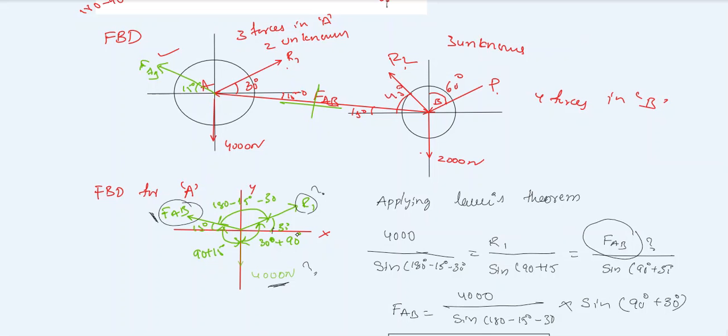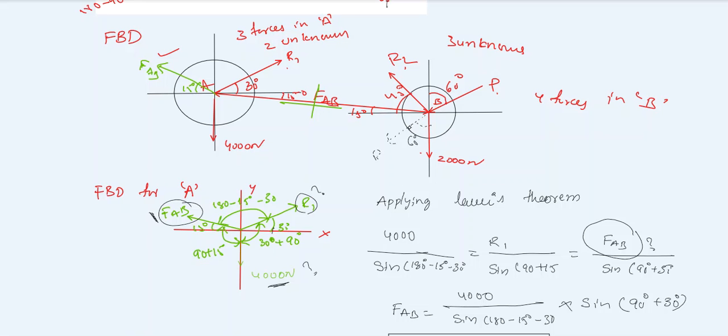So here we have 2000 newtons downwards. For P, you can use the law of transmissibility to transfer P to this direction. With the y-axis this is 60, and here also with the y-axis this is 60.